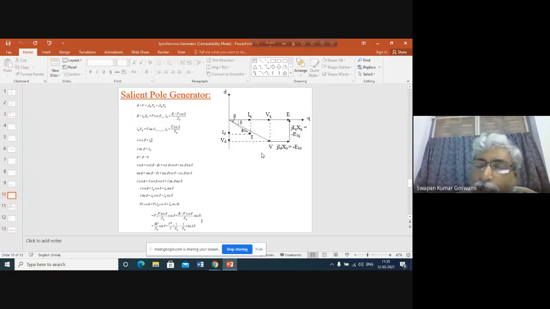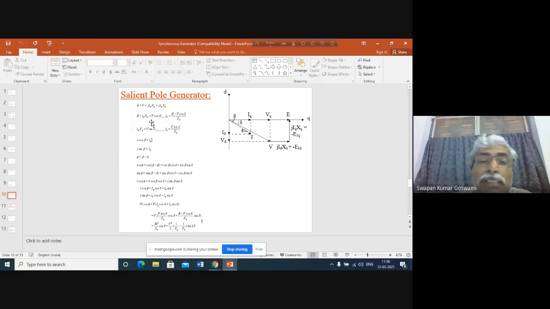We shall keep in mind that these generators will be represented by two reactances, one along the axis of the pole, called the direct axis or D axis, with the direct axis synchronous reactance XD, and another along the quadrature axis, the quadrature axis synchronous reactance XQ.